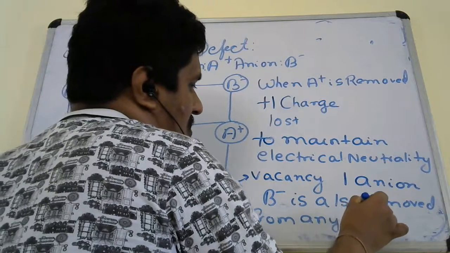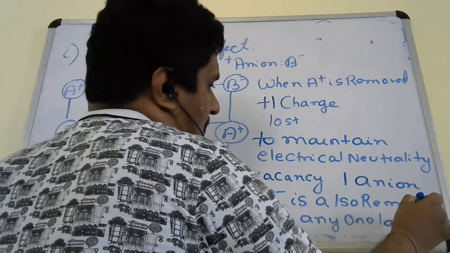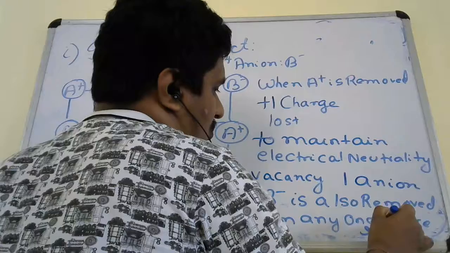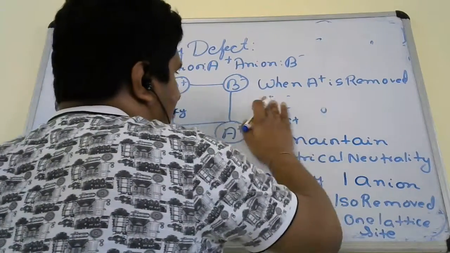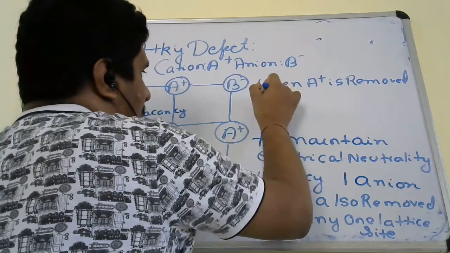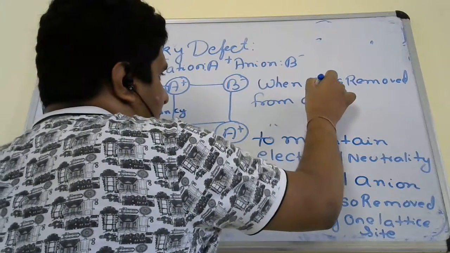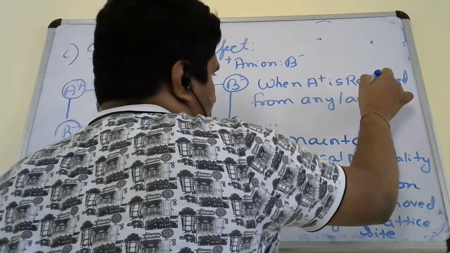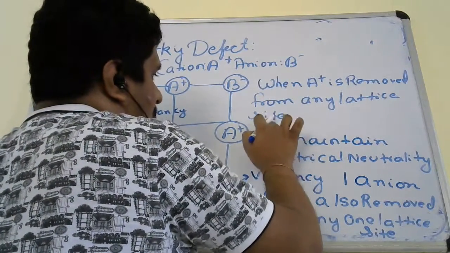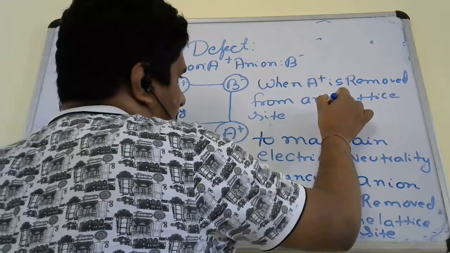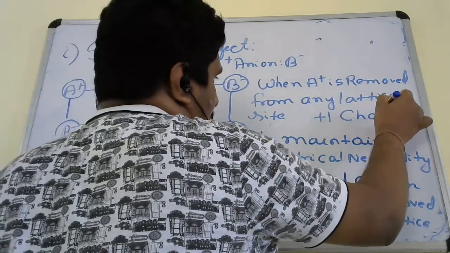When A plus is removed from any lattice site, plus 1 charge is lost.